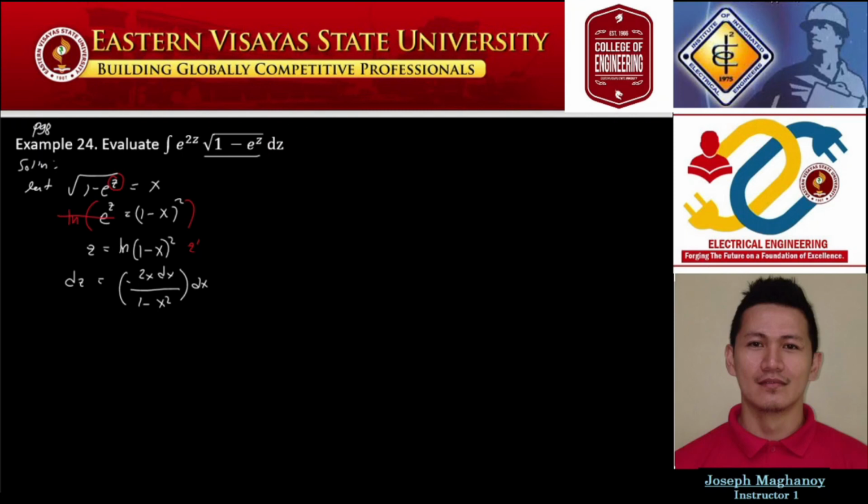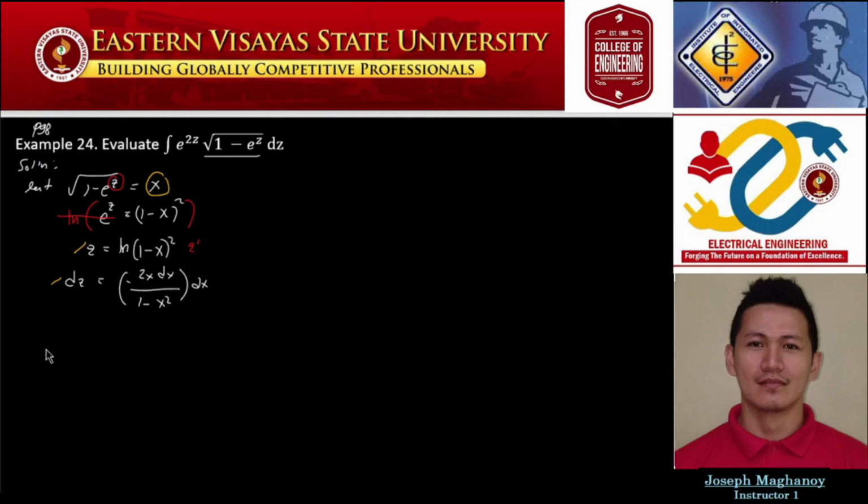Okay, so we need to substitute our value of z and dz into our equation, and replace the square root of 1 minus e raised to z with x.